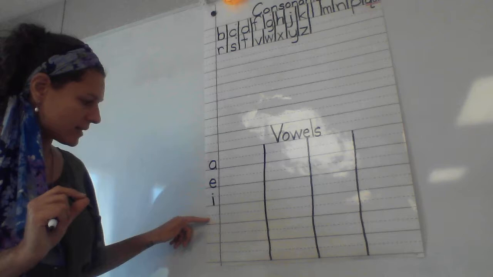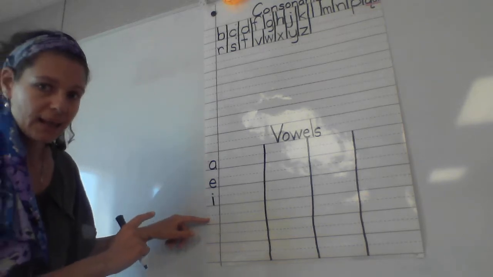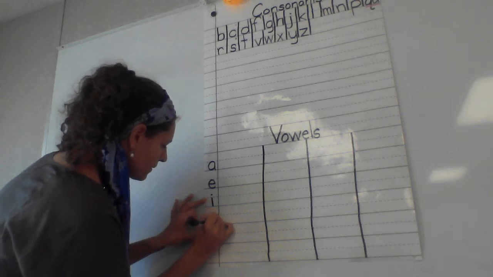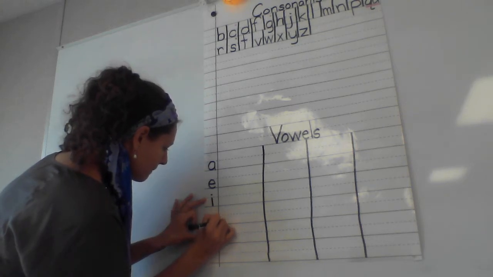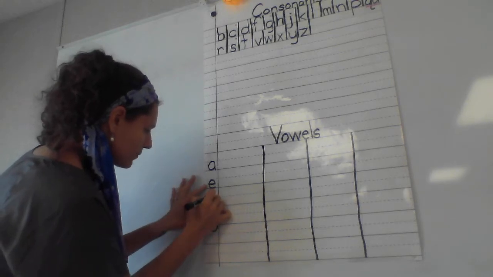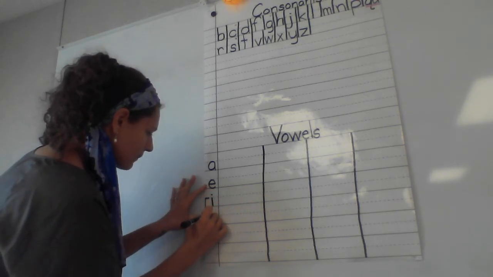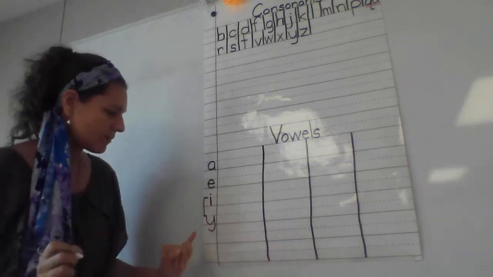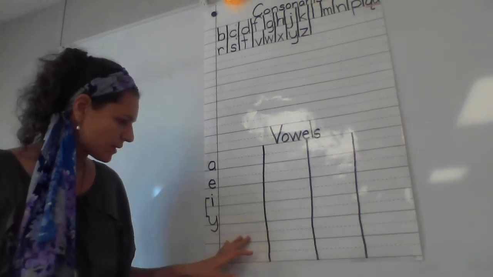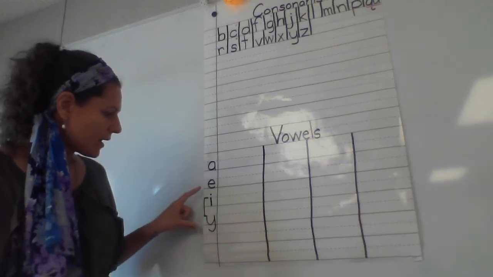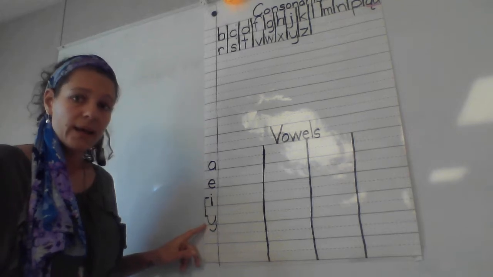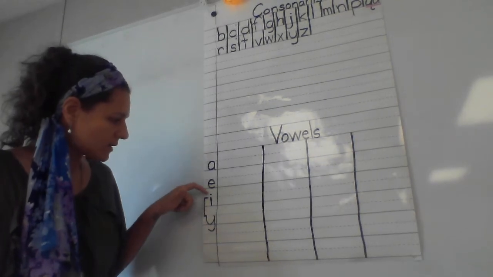So we're actually going to put y on a line right by our i, right below. And then I'm going to put a little bracket like that right here. That is because, I'm sure you know this if you were at our school last year, sometimes we use y when we can't use our i.